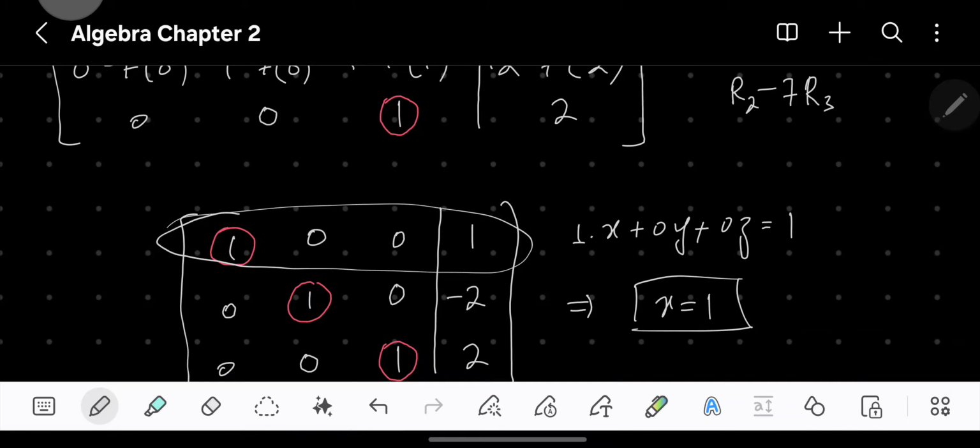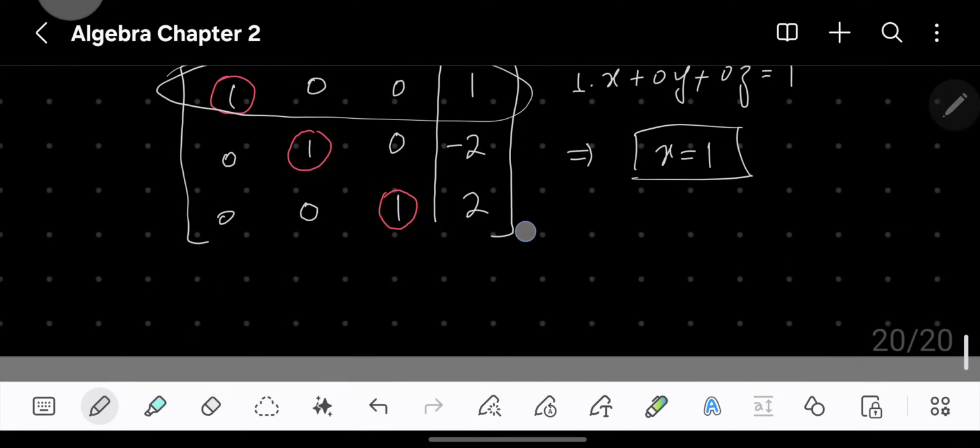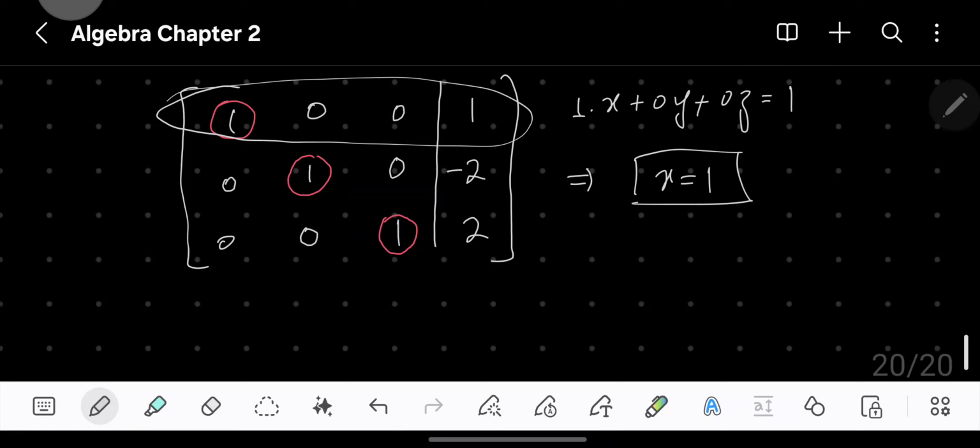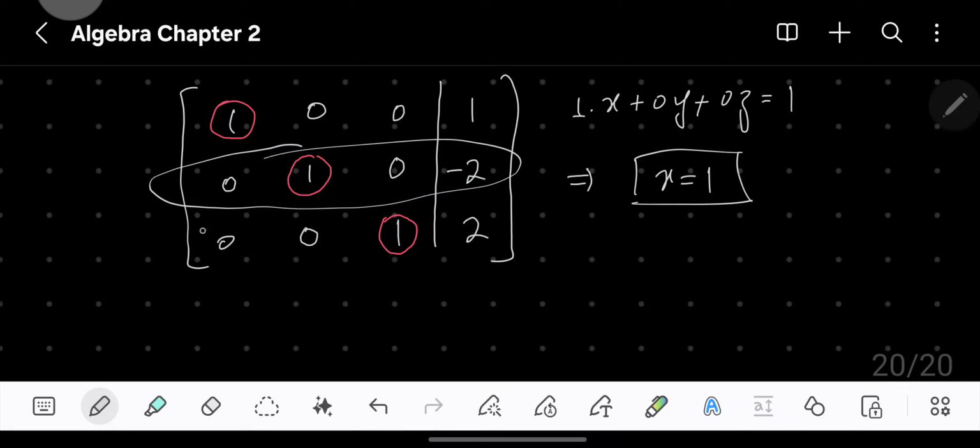Similarly, from the second row, 0 times x plus 1 times y plus 0 times z, in other words, y is equal to minus 2. And from the last row, z is equal to 2.